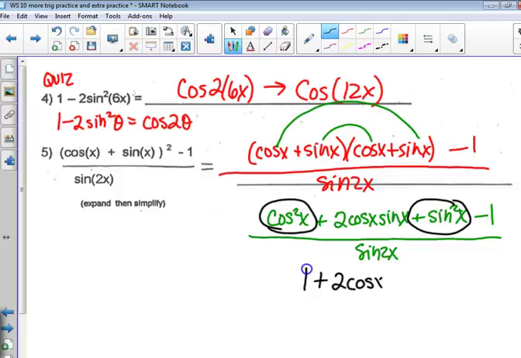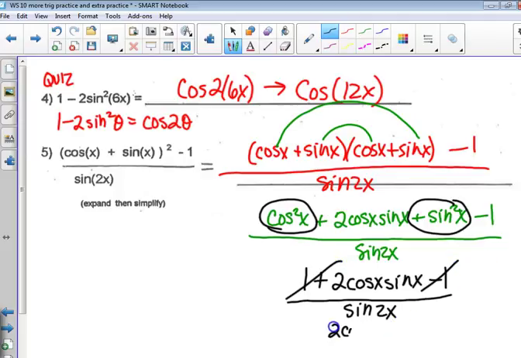You don't have to write this all out. You probably don't have room. I'm just trying to make sure the audience at home can follow it. How's that? The 1 and the negative 1, that's 0. So now we're left with 2 cosine x sine x over, is there a trade for sine of 2x?